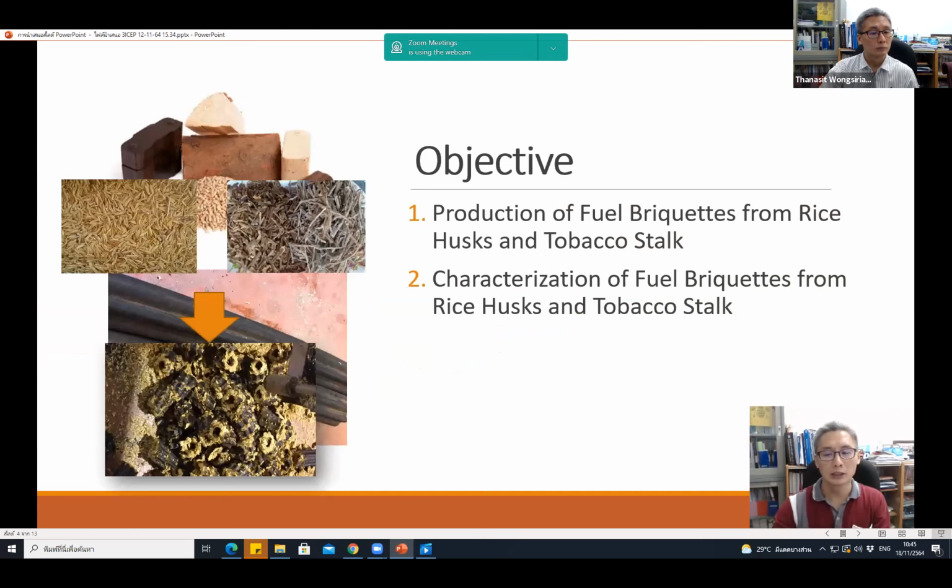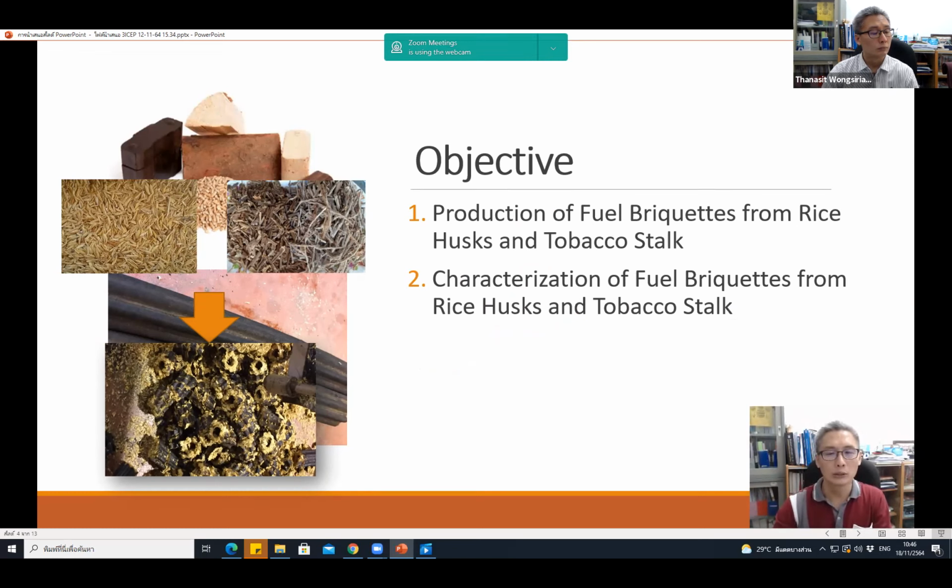Many researchers have studied rice husk briquette production, such as the effect of material, moisture content, mixing ratio, and process conditions on the properties of the briquette. Tobacco residues, stalk and leaf, are burned on farms in open areas. They generate air pollution and carbon dioxide.